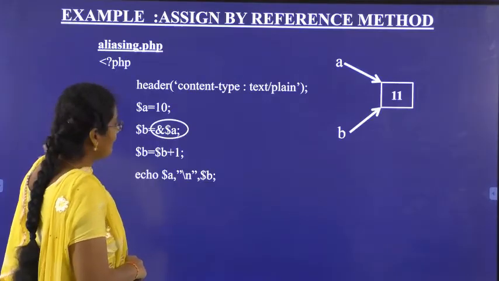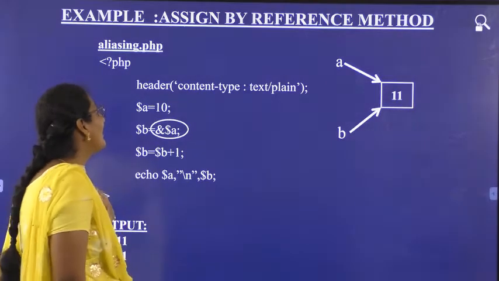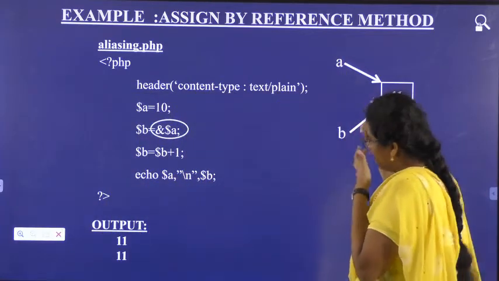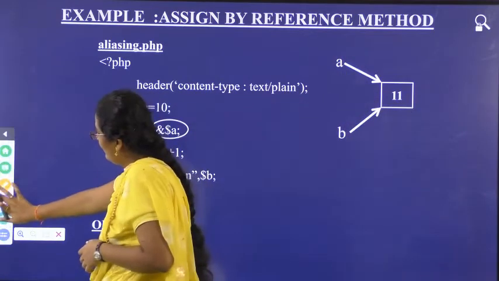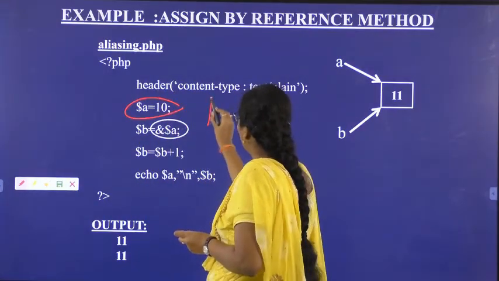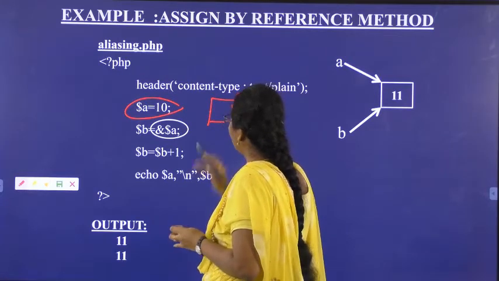And the last example, the assigning by reference method. For A I have given some value. Initially we have the memory for A and the value in A is 10.